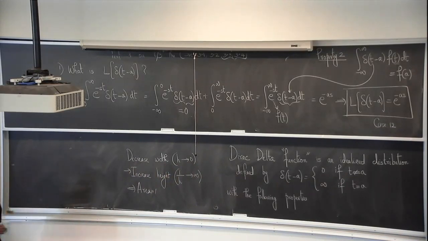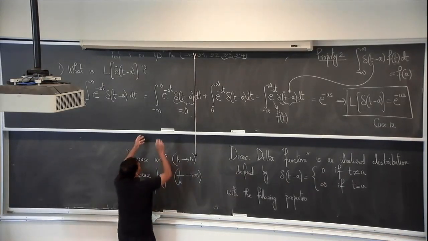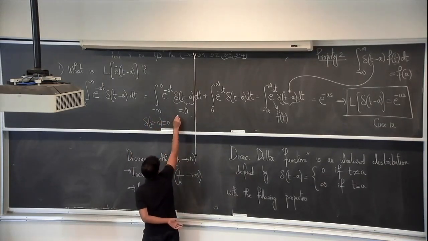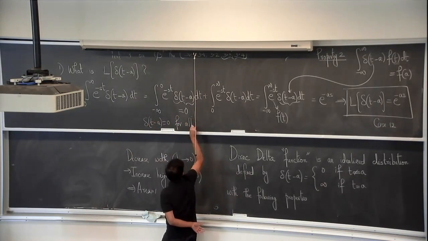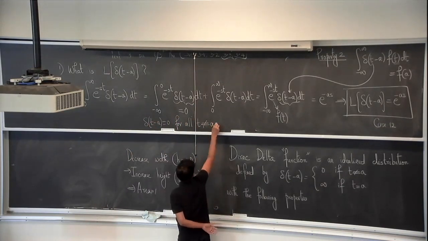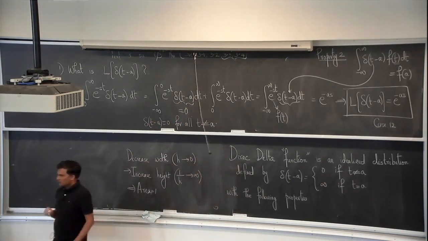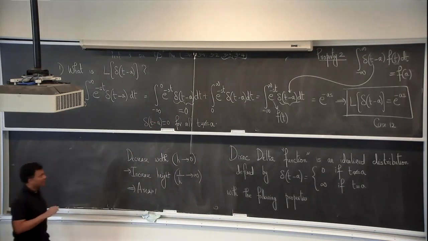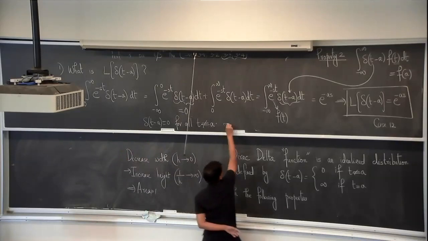Why is the first expression equal to 0? That's because delta of t minus a is 0 for all t not equal to a. And since a is between 0 and infinity, this is how I'm doing it.